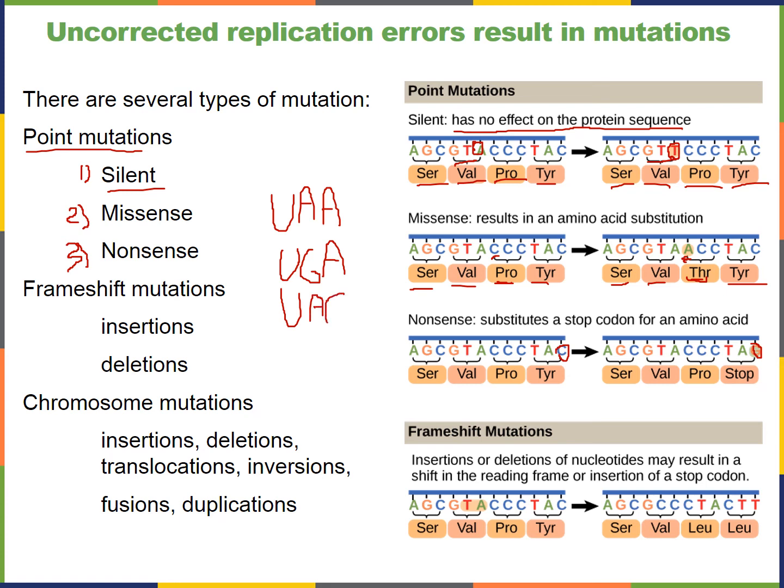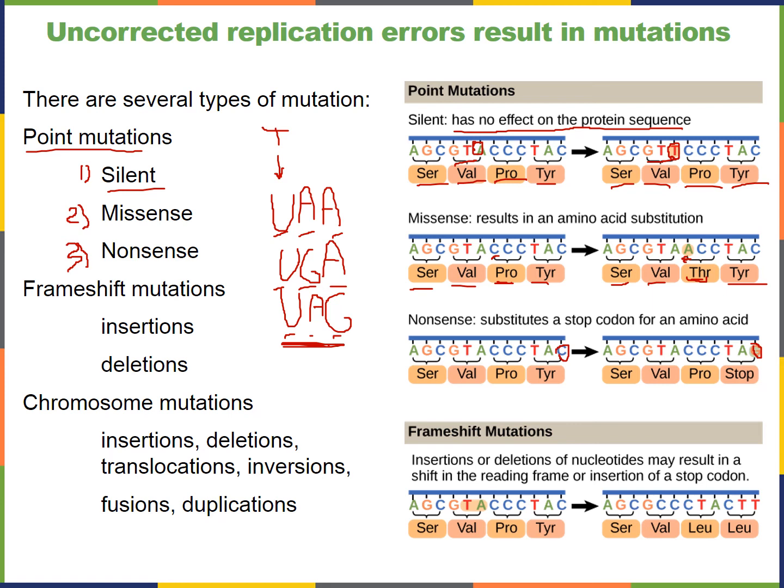Again, I substituted uracil in the case of the RNA sequence, but in the case of the DNA sequence, all of these U's are going to be T's, okay? So that's what we see here. We see a TAG, and that's the one down here. Uracil is replacing it in the RNA sequence. So: you are away, you go away, you are gone. That's how I remember all the different types of stop codons.